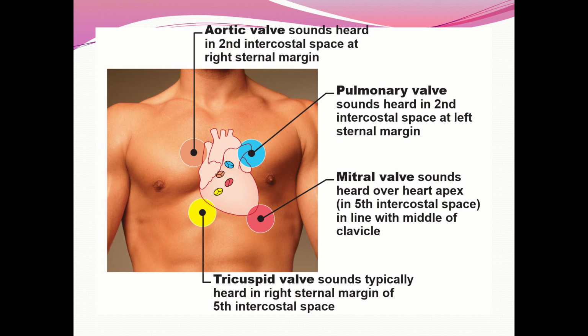And what intercostal space means is the space between the ribs. The tricuspid valve sounds will typically be heard at the right sternal margin of the fifth intercostal space. And the mitral valve will sound over the heart apex in the fifth intercostal space in line with the middle of the clavicle.